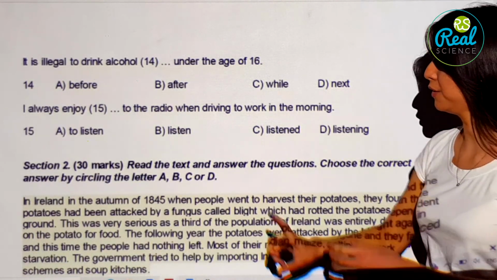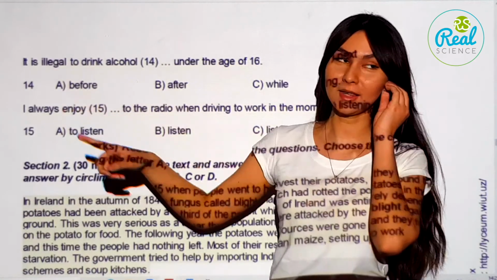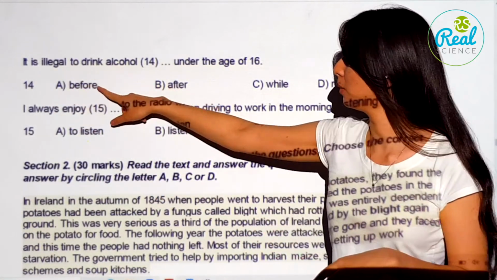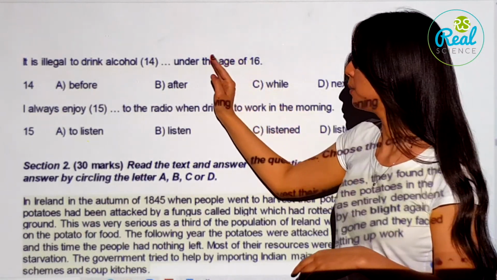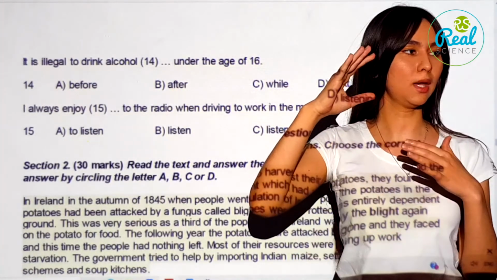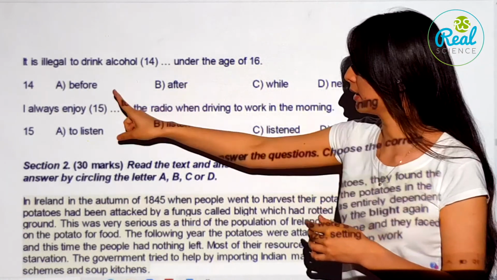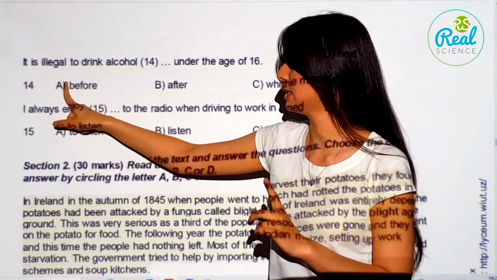Before. Very good. Actually, the correct answer is before. It is illegal to drink alcohol before under the age of 16. So before under means you have to be, let's say, less than 16. So that's why here the best option is A1.